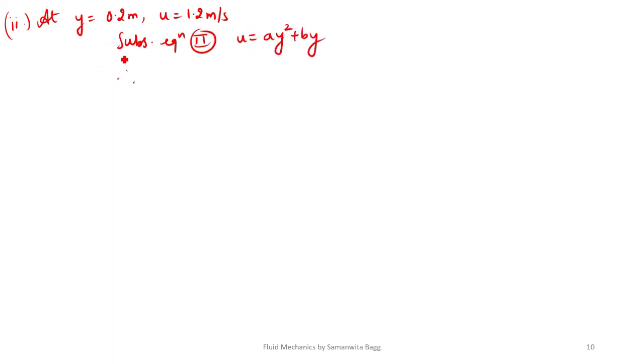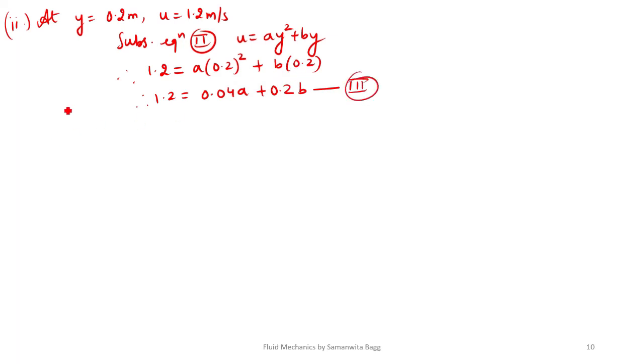So I'll get 1.2 is a into 0.2 square plus b into 0.2. So this will be 1.2 is 0.04a plus 0.2b. Let me mark this as equation 3.